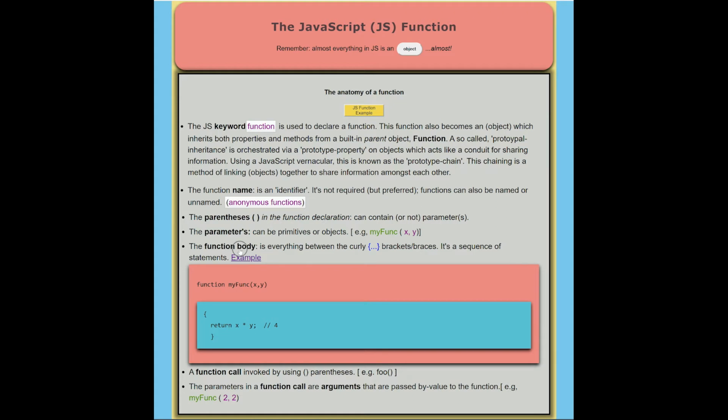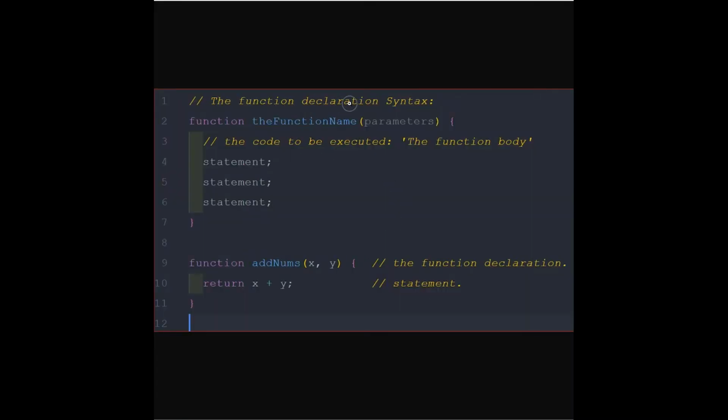Then we have the function body. The function body is everything between the curly brackets. What I mean by that is we have here, this is what we call syntax, meaning that this is pseudocode. We're saying, okay, here's the keyword function. Then you put any kind of function name right here after the keyword function.